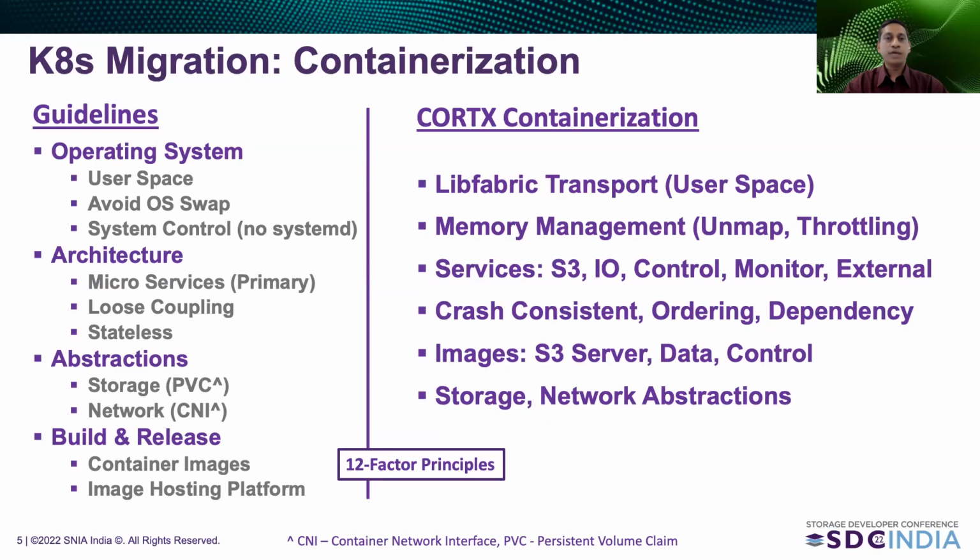S3 server, IO service, and control service are the primary services for the deployment, and hence they formed the basis for CORTX images. CORTX also removed startup ordering so that all the services can be configured and started at the same time. CORTX stack is agnostic to physical storage or network infrastructure.